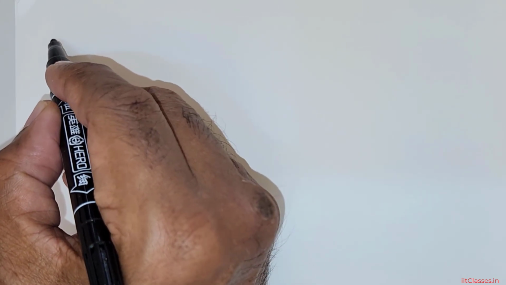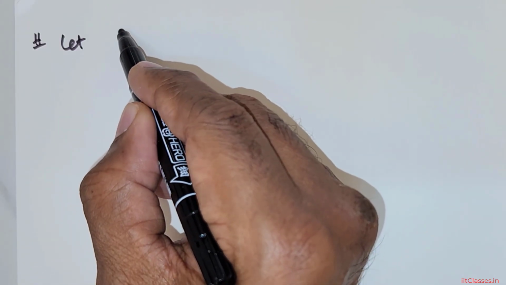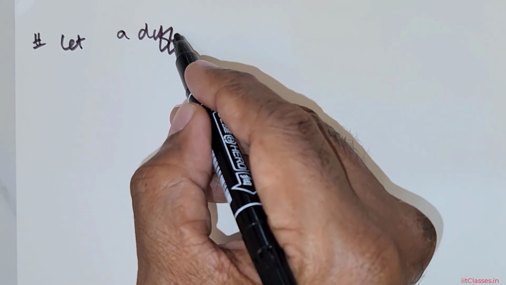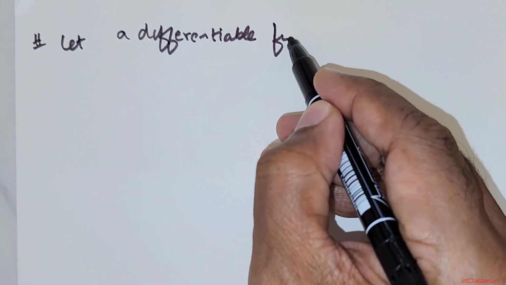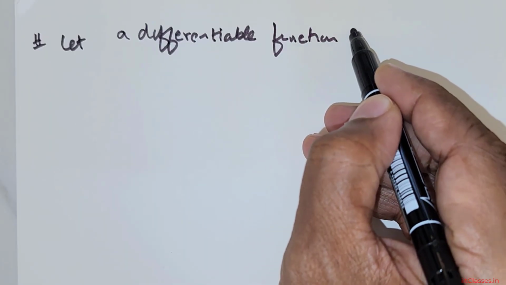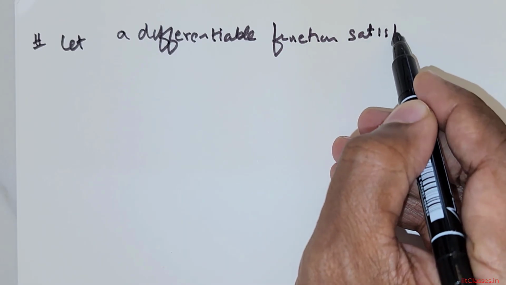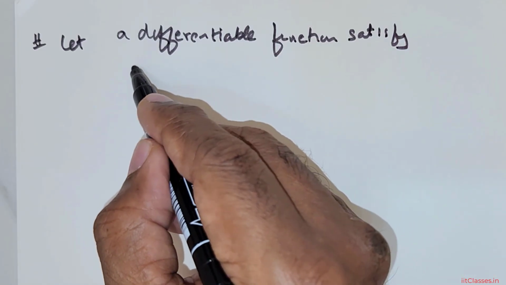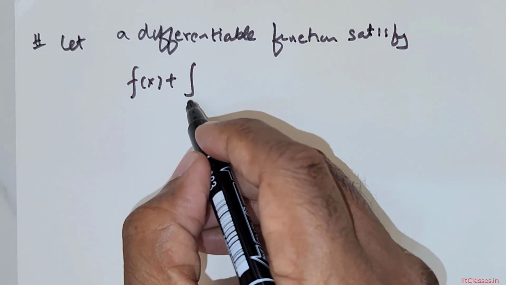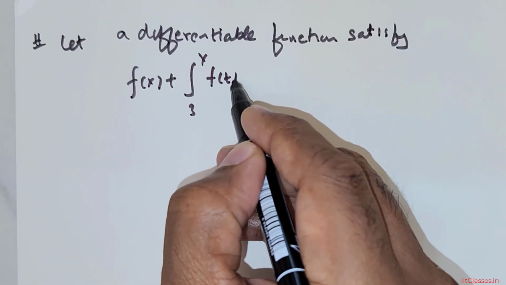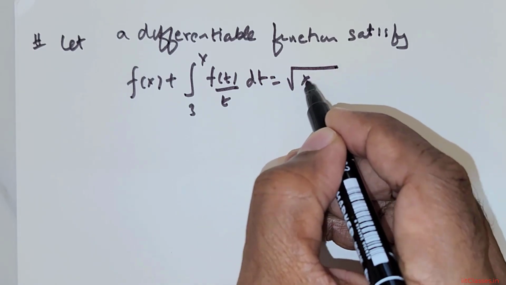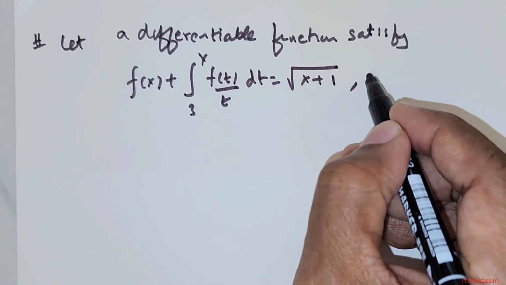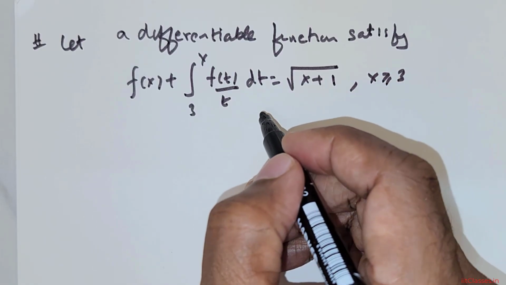So this is the next question. Let me write this down. Let f be a differentiable function satisfying f(x) + ∫ from 3 to x of f(t)/t dt = √(x+1) for x ≥ 3.